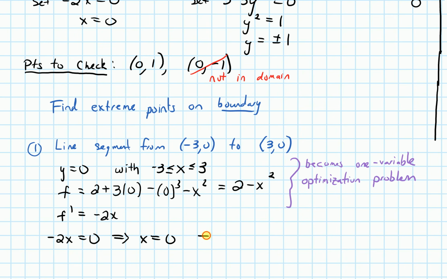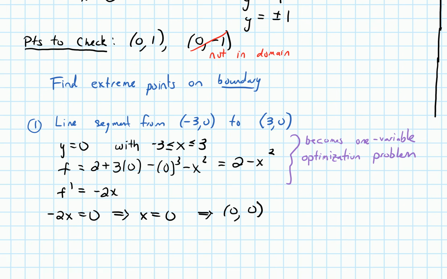So as a point, I know the x-coordinate is 0. And I started this process off thinking about this line segment by saying y is equal to 0 on that line segment. So my y-coordinate is also 0 here.